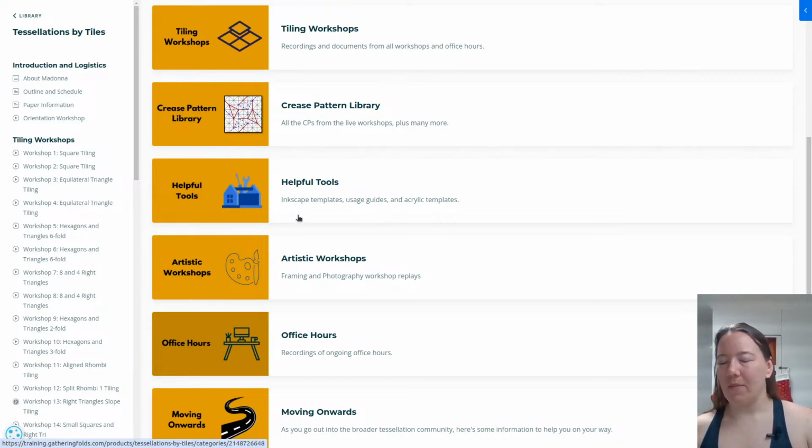We've got Inkscape templates so you can go and start playing with crease patterns of your own, of like, oh, this is going to pop in here, that's going to pop in there. Actually, I want to swap this twist in this pattern for a more open twist or a twist on the other side. And you can go in and play with the crease patterns to make your own designs.